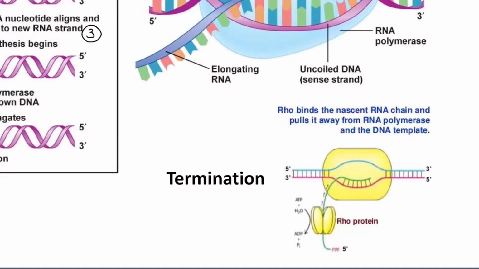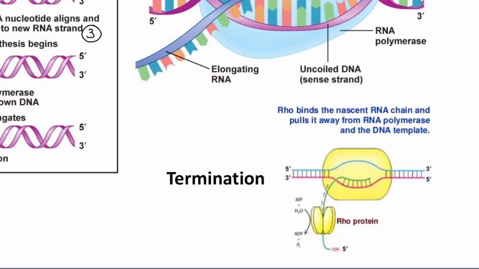So in a system that utilizes Rho as the way to stop transcription, what happens overall is that we have a protein inside of the cell that is called the Rho protein. Rho is going to be binding to this nascent, meaning just formed, RNA chain. Sorry, not the RNA polymerase, the RNA chain.